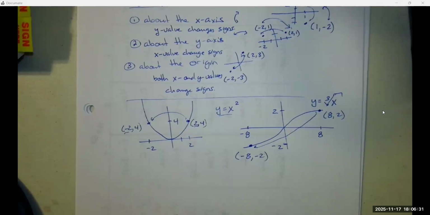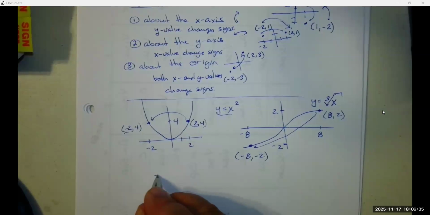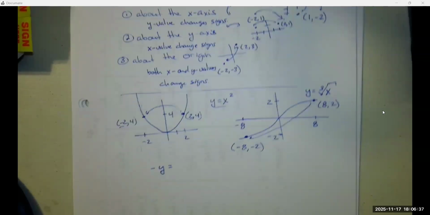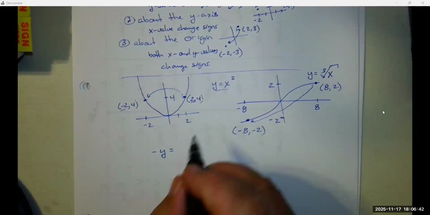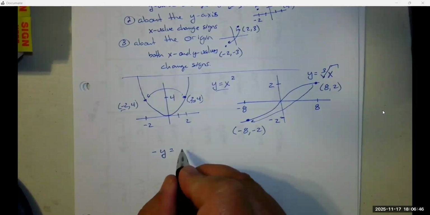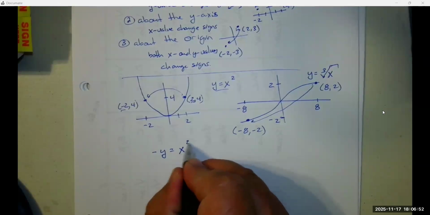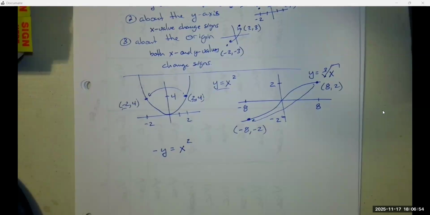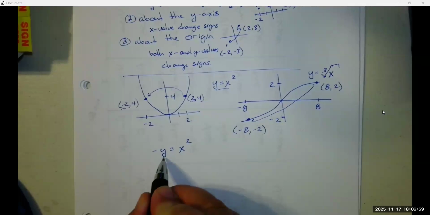Example of a function that's symmetric about the x-axis. This is when y changes signs. Let's just try that. Well, we could put it this way.